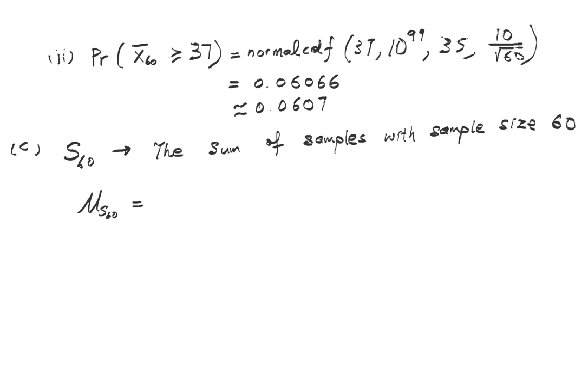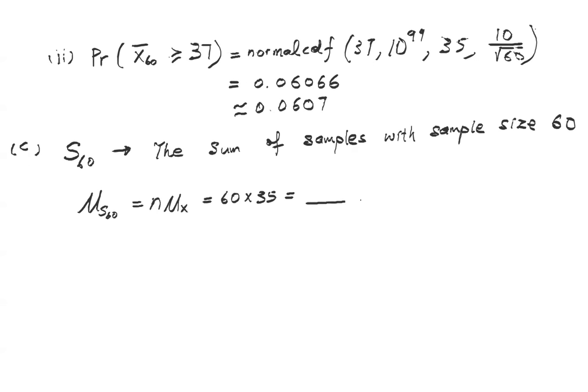N times the mean of the population, am I right? Yeah. So this one, we take 60 times 35. After you key in the calculator, you can just use 60 times 35, and you get the number.